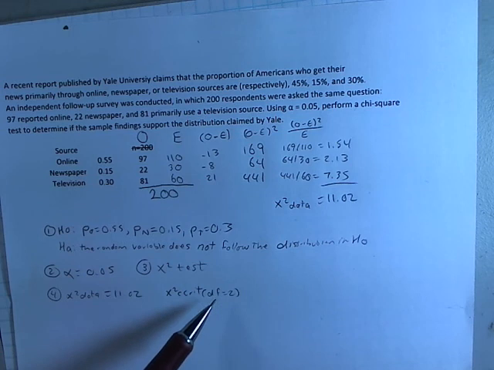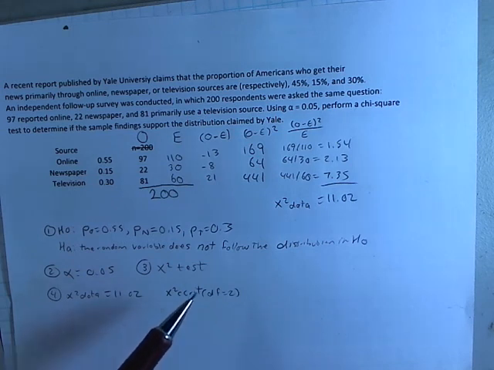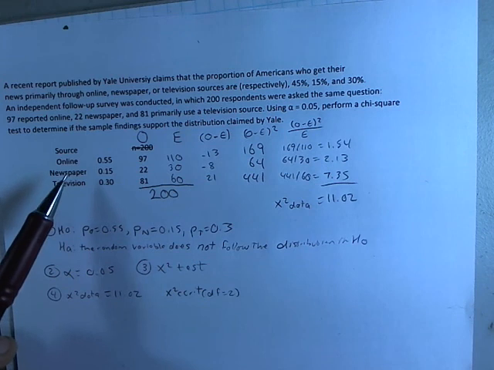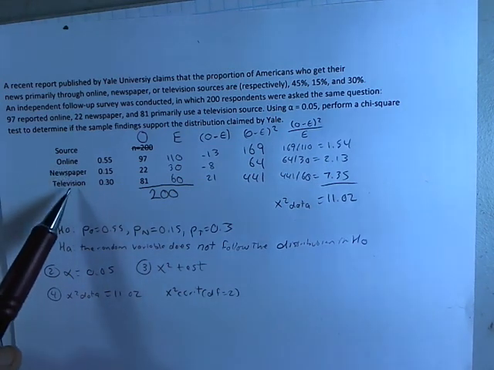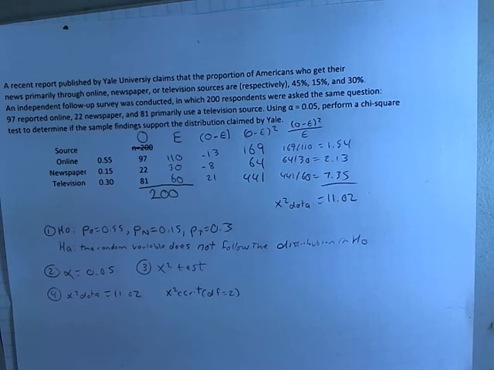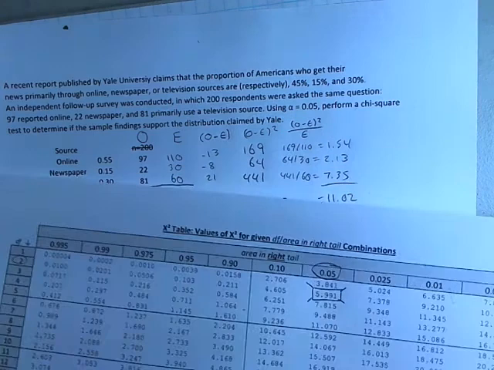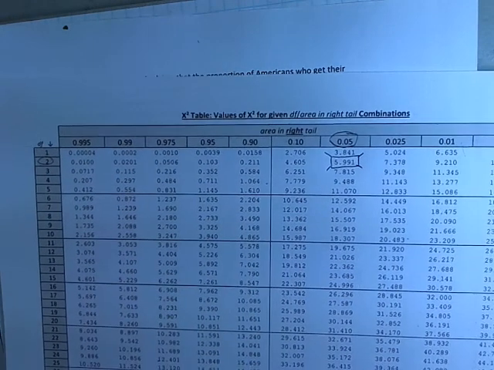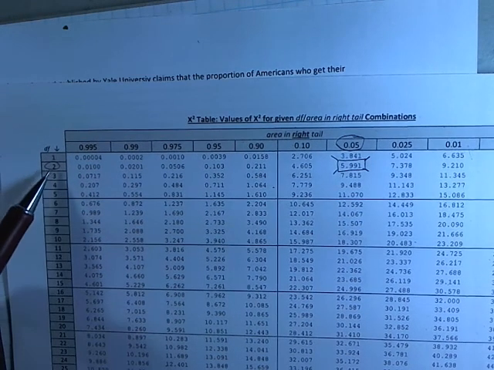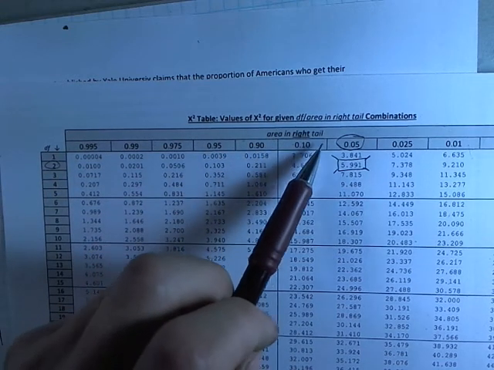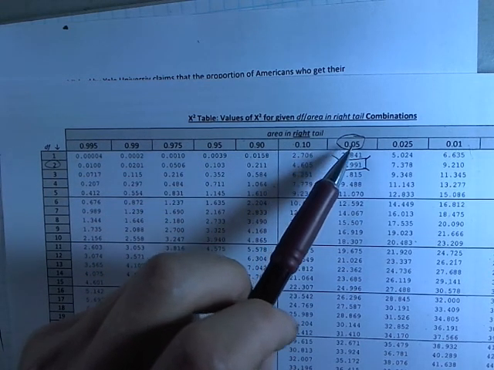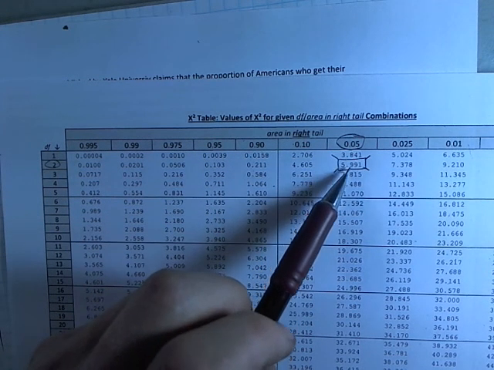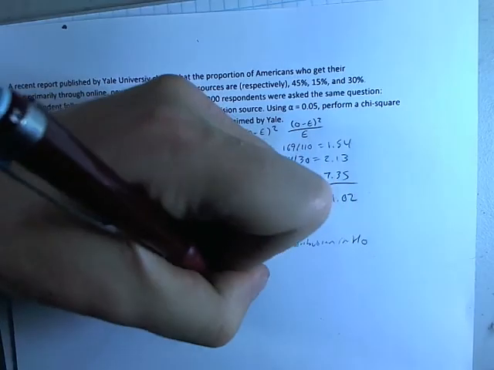To do that, we need the degrees of freedom. Degrees of freedom in this test is the number of outcome levels minus 1. So here we have 3 outcome levels, therefore our degrees of freedom is 2. Let's grab our chi-square chart: degrees of freedom 2, and area in right tail 5% gives us a critical value of 5.991.